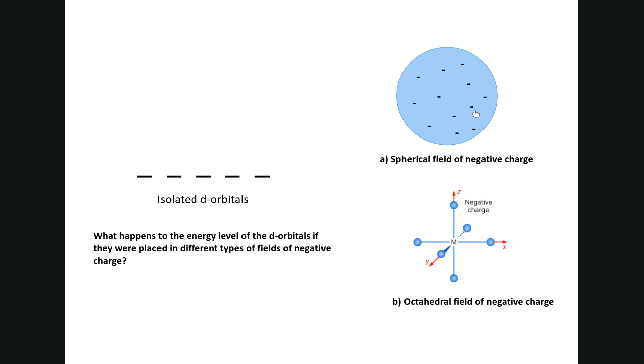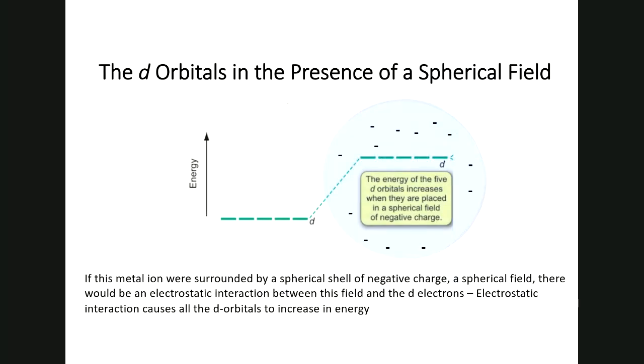So all of my orbitals would rise in energy in the presence of a spherical negative field. They're all surrounded by negative charge, so they will all rise together to become higher in energy if they're placed in a spherical field. Whenever they are in contact with a negative point charge, they're going to increase in energy.